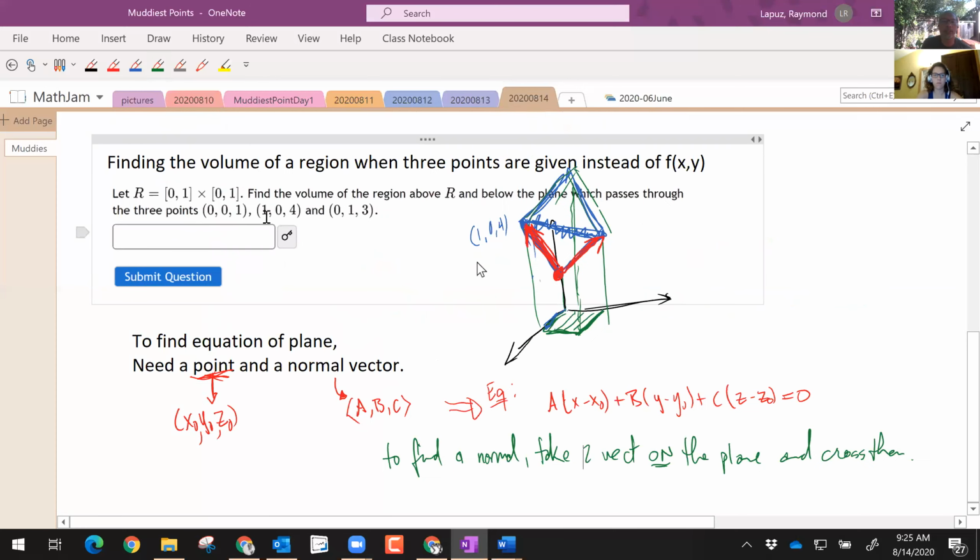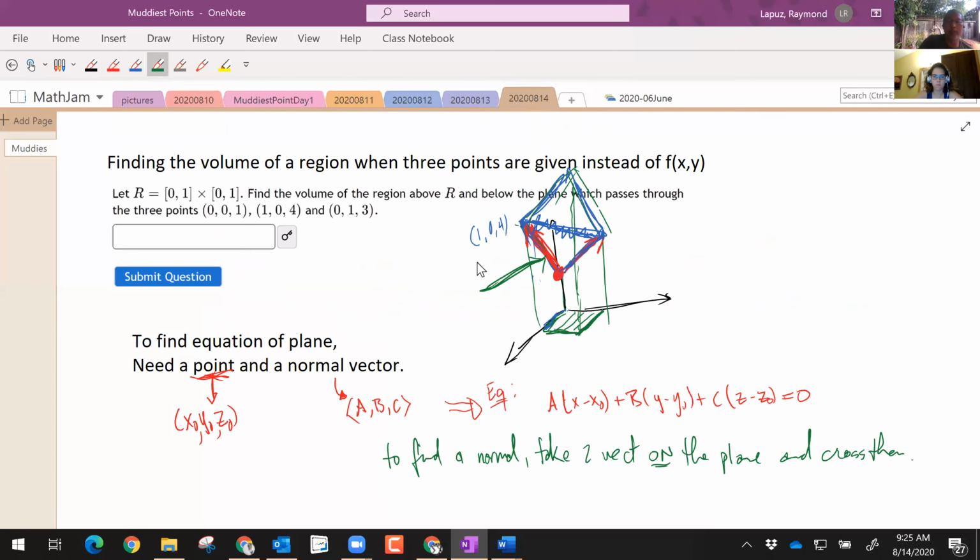So those points themselves are not the vectors we're looking for. But if you take one of them, and you take the 2 points that are connected to it, and then you could do head minus tail, or it doesn't really matter, but if we just practice doing the head minus tail, it's going to be this point, 1, 0, 4 minus 0, 0, 1 would be the first vector.